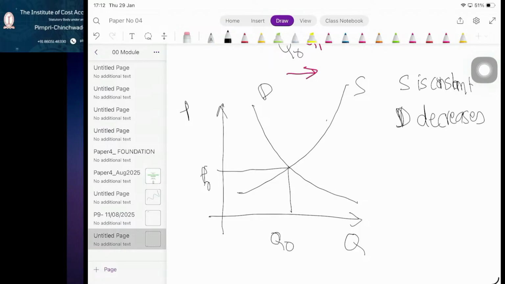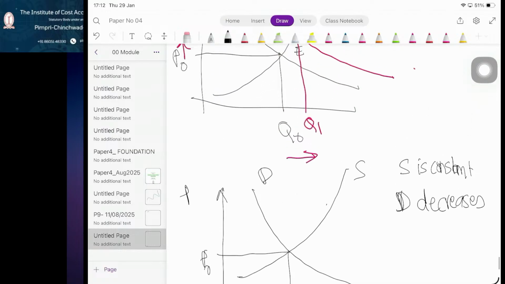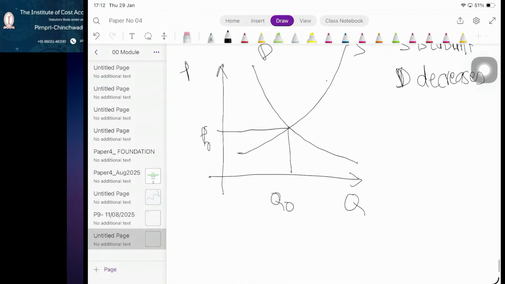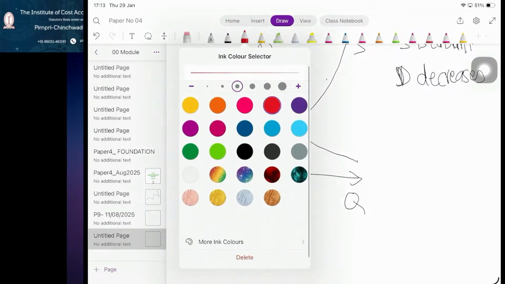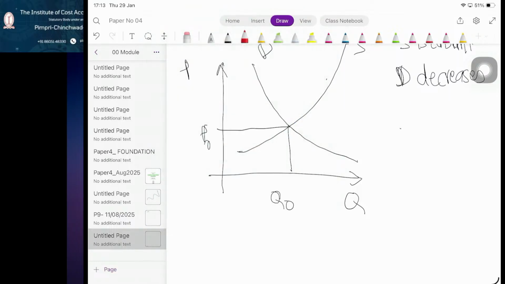No, we did increase in demand. हमने इंक्रीज इन डिमांड दिखाया है, अभी अपने को डिक्रीज इन डिमांड दिखाना है. Correct. Very good. So I'm seeing that students are able to do this. That's a very good sign. Demand decreases, so it goes like this.